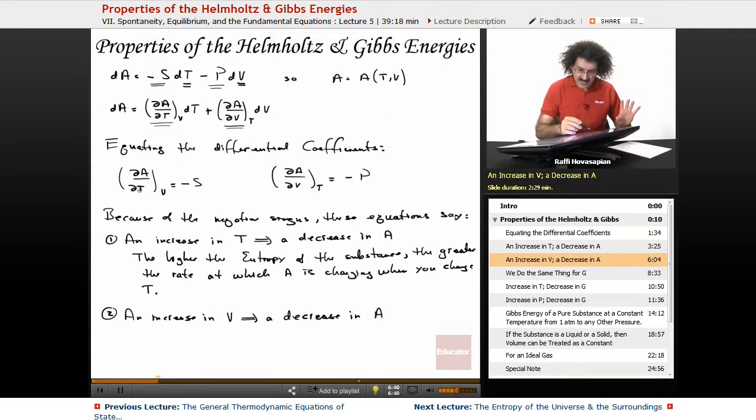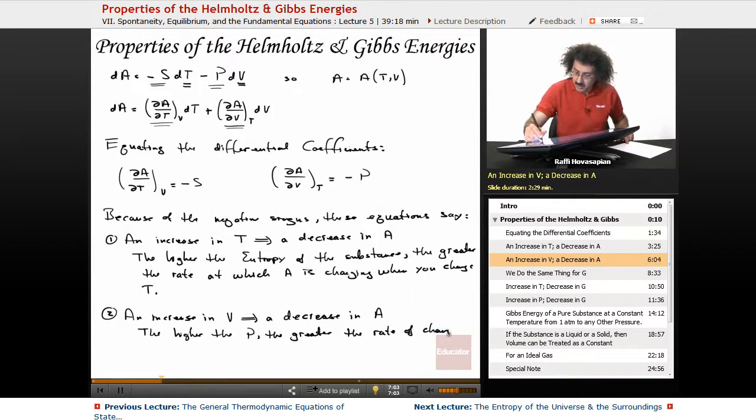I have T and I have V, okay, good. And the higher the pressure at that moment, the higher the P, again, the greater the rate of change, in other words, the greater the rate of decrease.